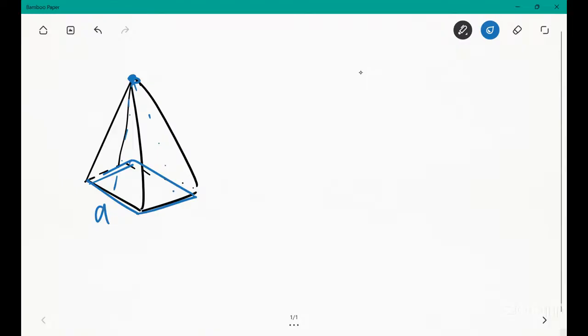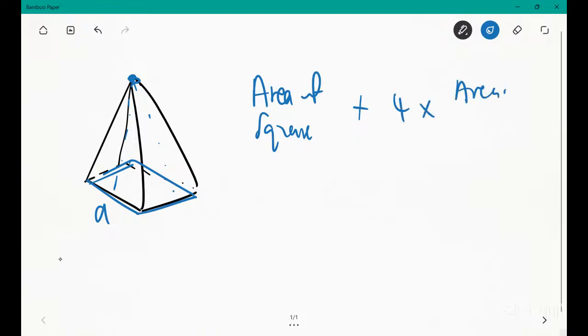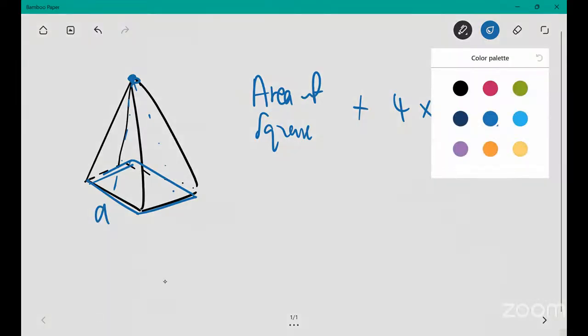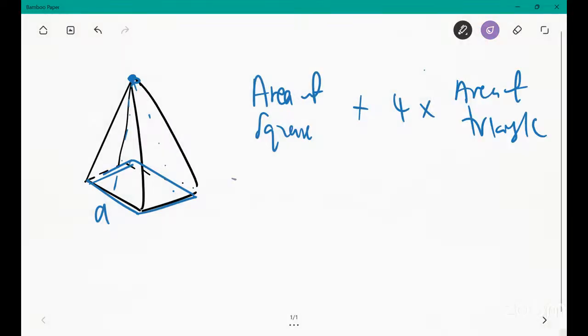So therefore, you're going to have area of a square plus 4 times area of triangle. The area of a square is base into breadth, or length, but here both are the same.